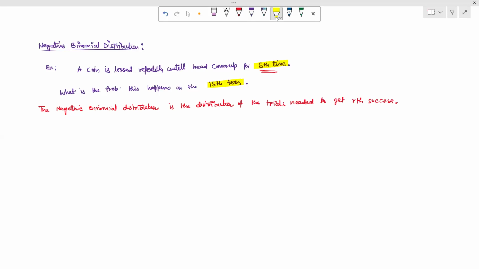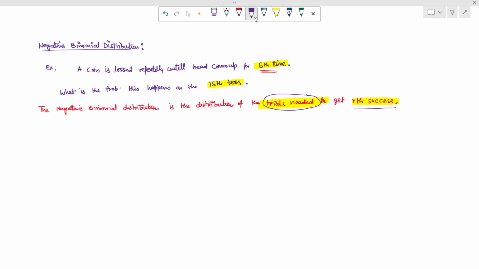So you remember this, the number of trials needed to get the rth success. Our success is fixed, meaning the rth success is fixed, but the number of trials is not fixed.